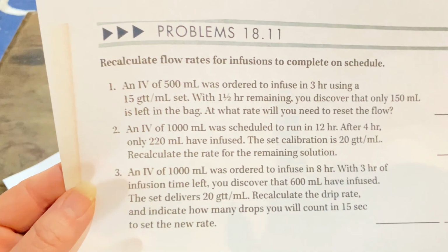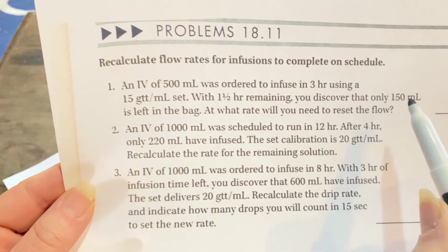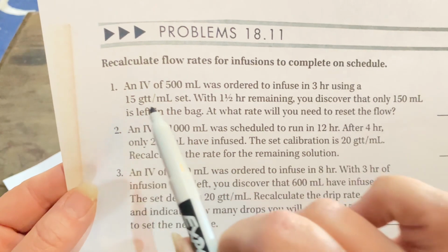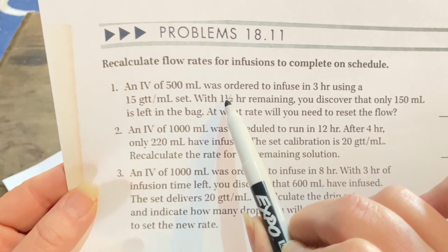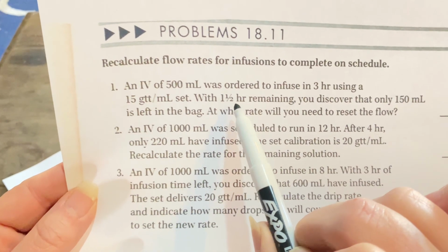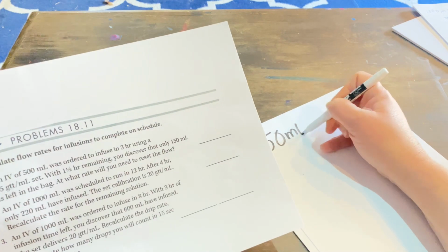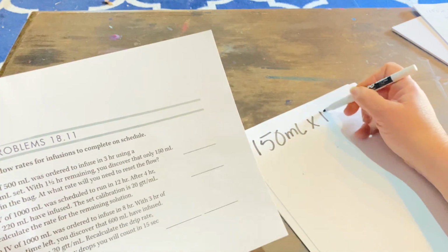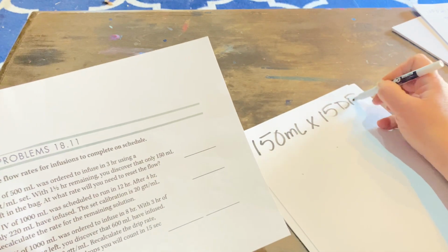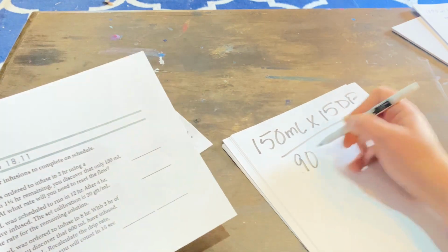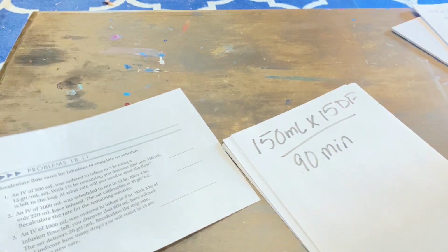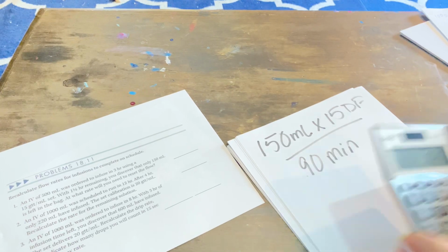Because what you need to work this problem is 150 times 15 in 1.5 hours, which is 90 minutes. So let's do 150 milliliters times a 15 drop factor divided by 90 minutes.